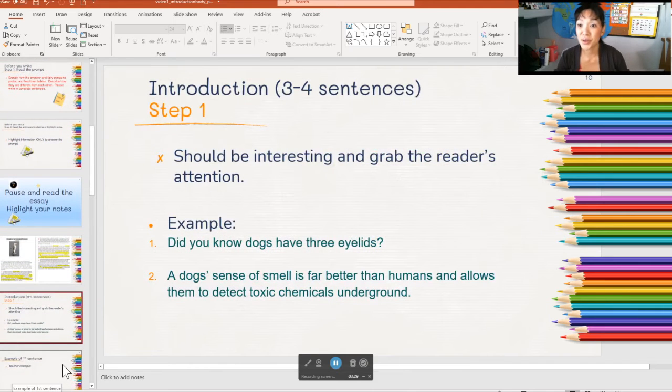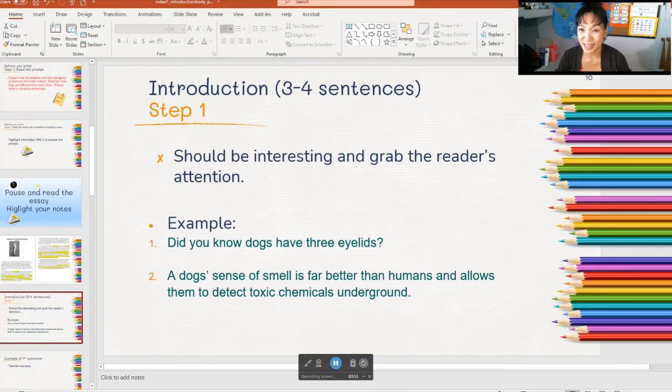Okay, so your introduction. It's a paragraph, so every paragraph needs 3 to 4 sentences. So step 1 in writing your introduction, it should be interesting and grab the reader's attention. So for example, here is the first sentence of an introduction, and it's about dogs.